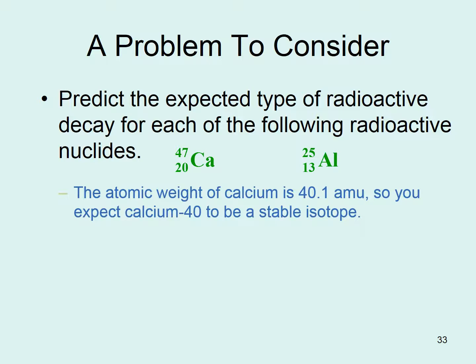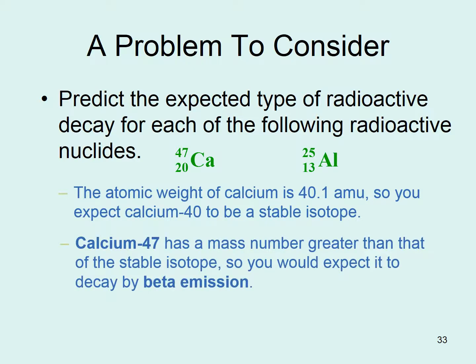If it's the most abundant, it's probably the most stable. So we expect calcium-40 to be a stable isotope. Then we can say calcium-47 has a much bigger mass number than the stable isotope, so that puts it to the left of the band of stability. So we would expect this to decay by beta emission.